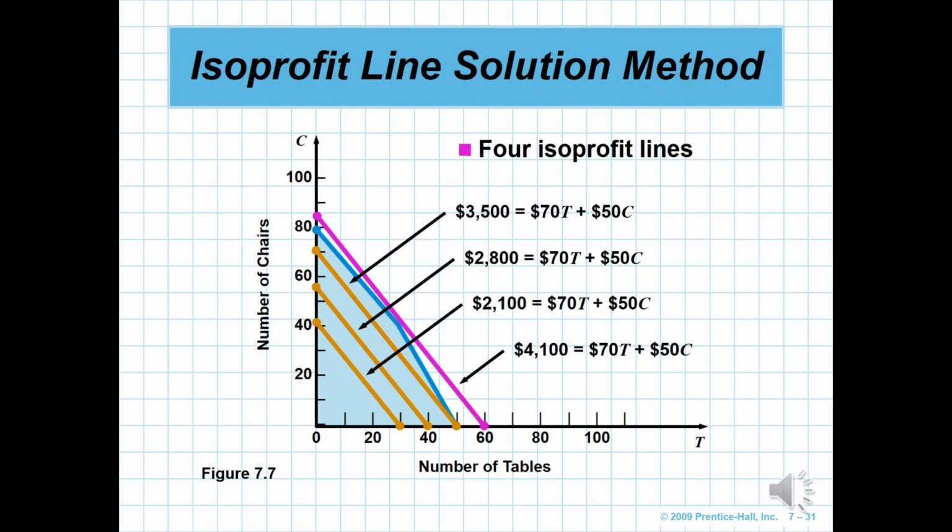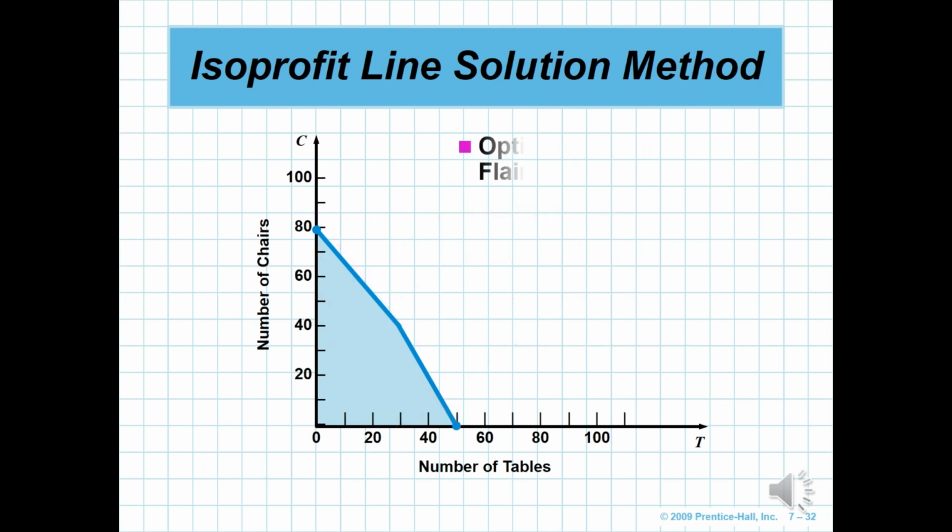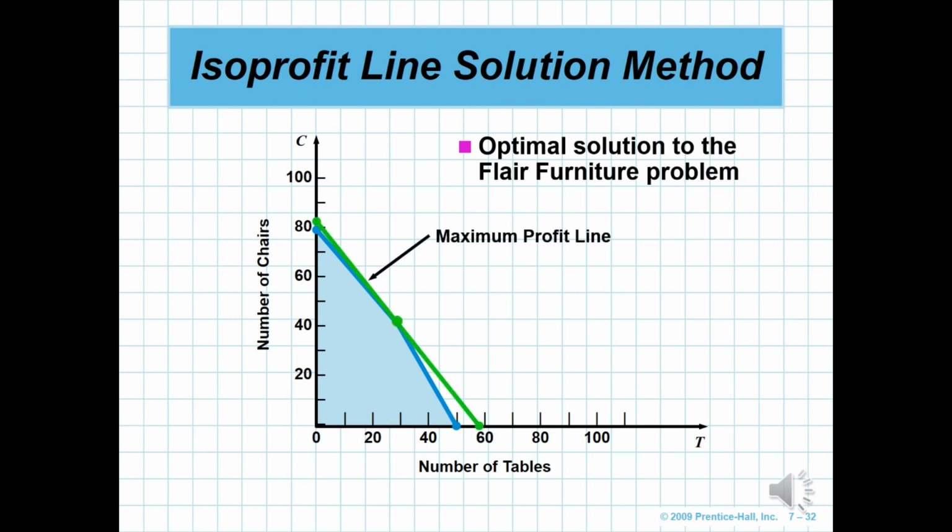If you move the ruler from here to here, you will see the last touch of the feasible region line is here. The purple one is the last touch of the feasible region area, so that is the optimal solution to the problem of Flair Furniture company.